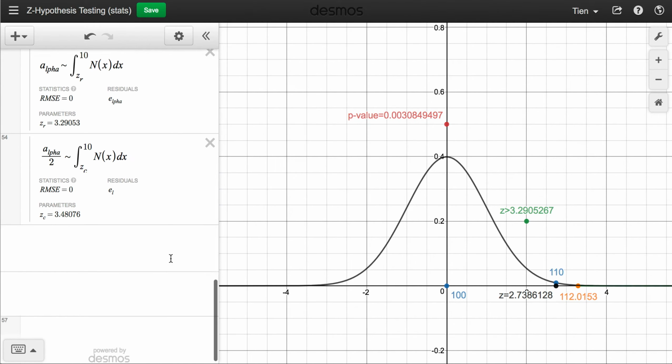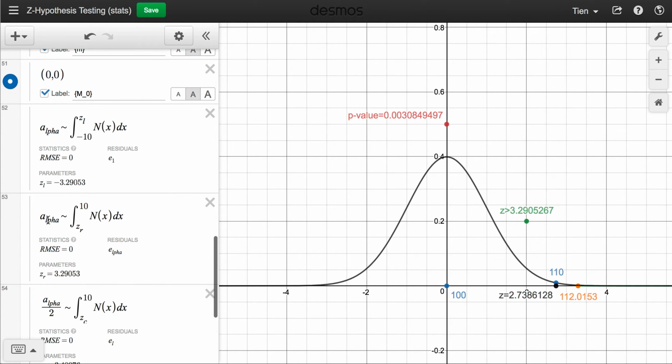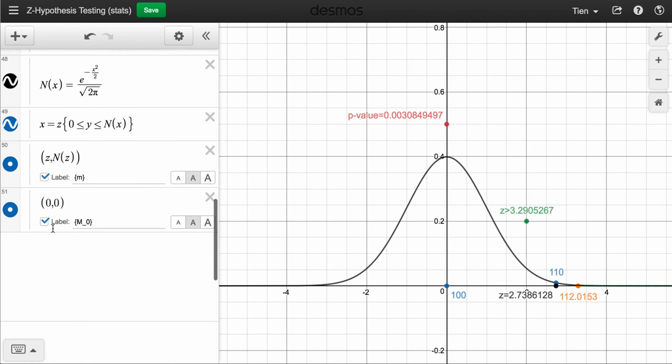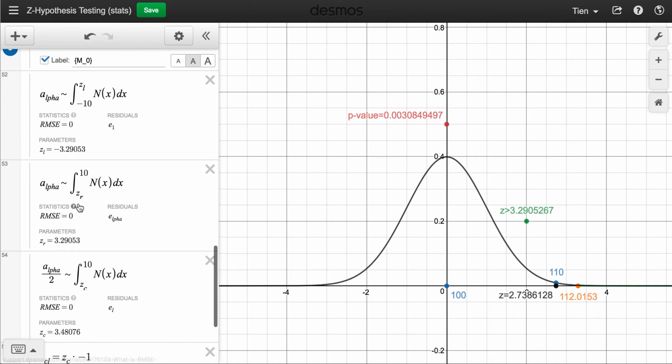And all that's going on here is in this tabulation here, that 0.005 is the area between 3.3 and 10 under the standard normal curve.